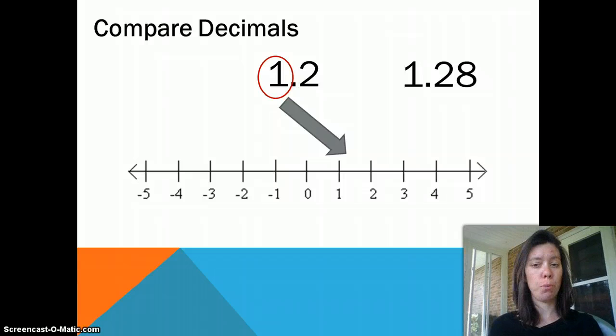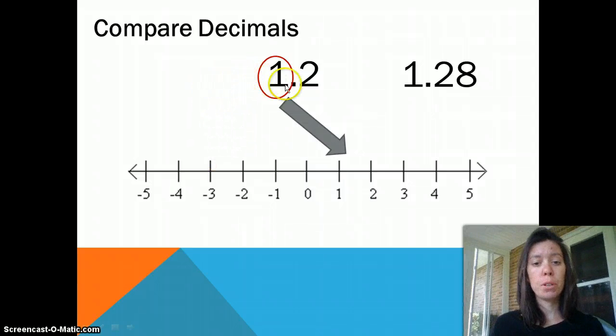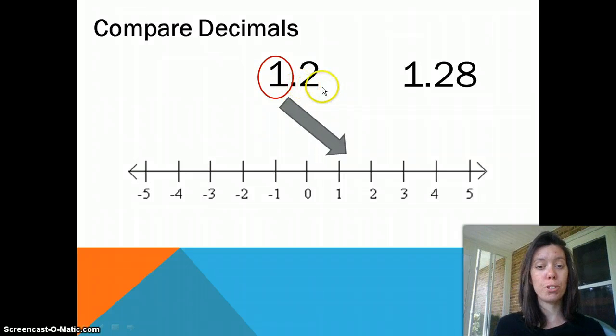Now let's compare this to another decimal number, 1.28. Which of these is larger? Which falls further to the right on the number line? To figure that out, since they both have the same digit before the decimal place, we have to look at the numbers after the decimal place. So in 1.2, after the decimal point, all we have is a 2. In this number, after the decimal point, we have 28. We don't want to compare the number 2 to the number 28. It's important that when you're comparing decimals, they both have the same number of digits after the decimal place.